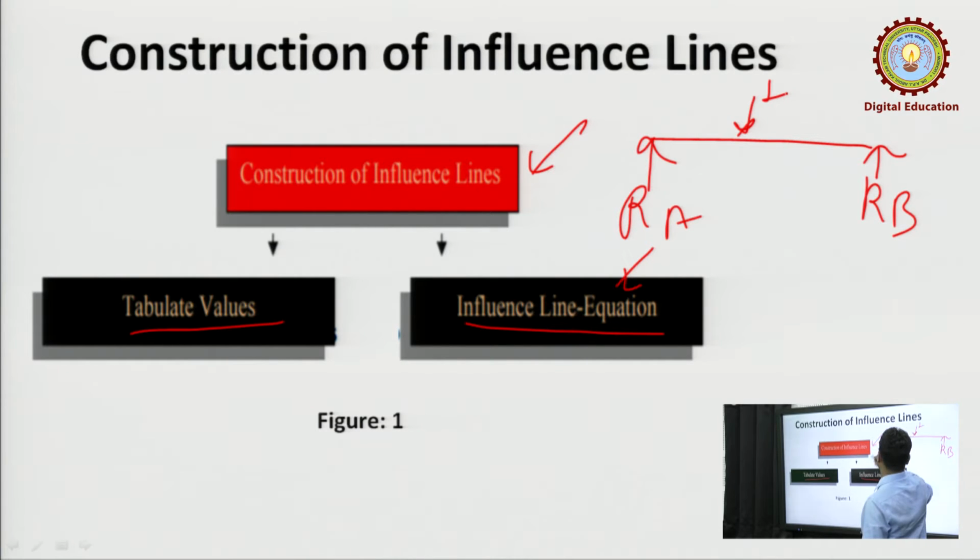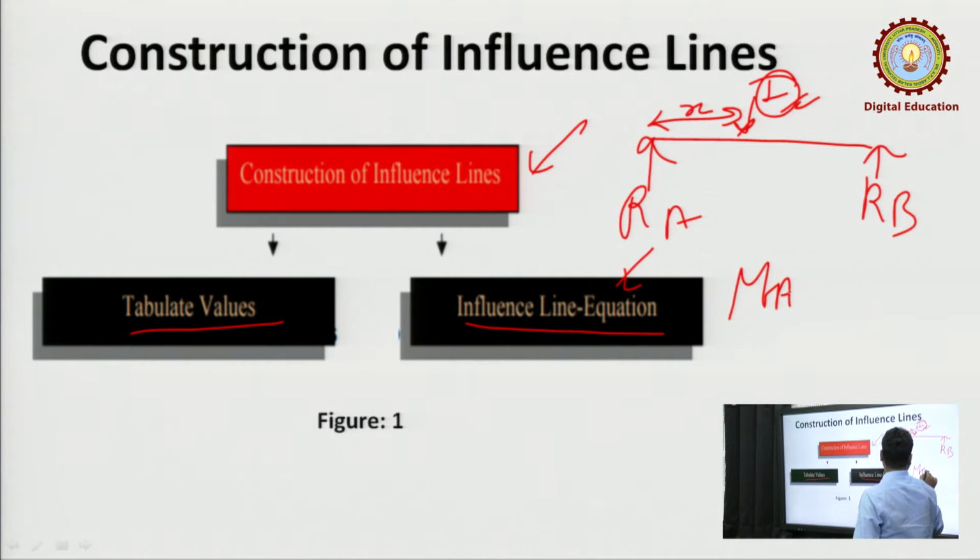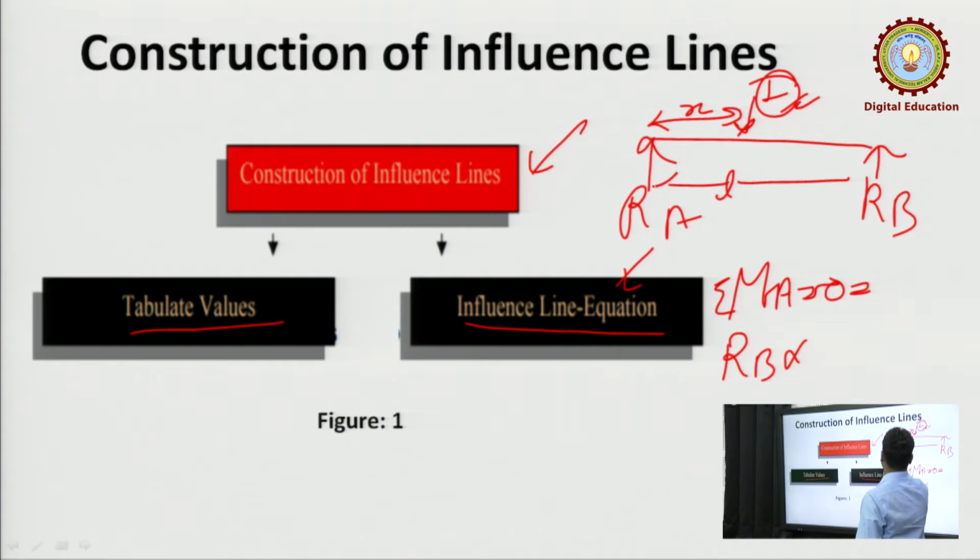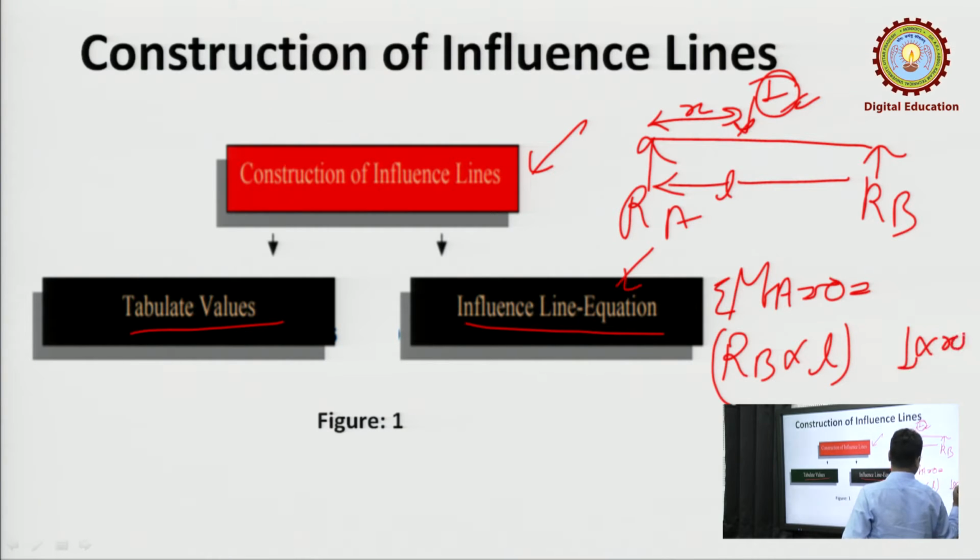The load is working at X and the weight of the load is unity. Take a moment about A. If you take a moment about A, RB into the span L, and unit load into X. What will be the sign?